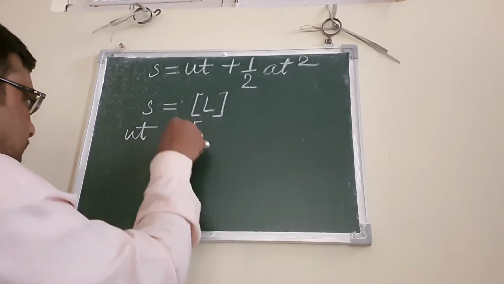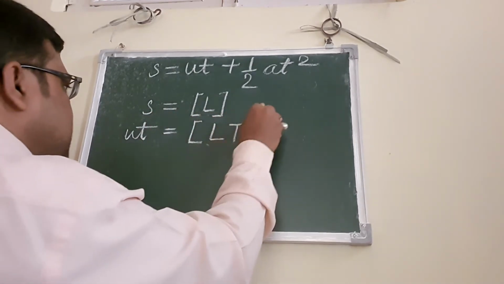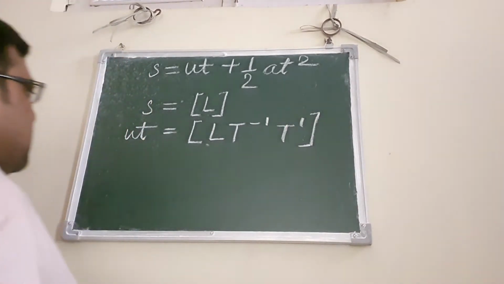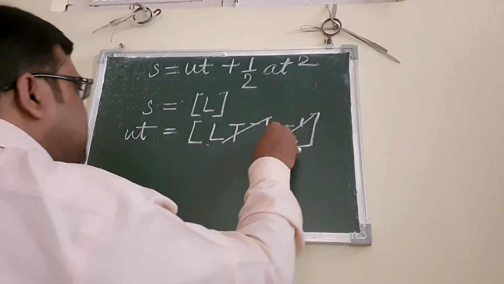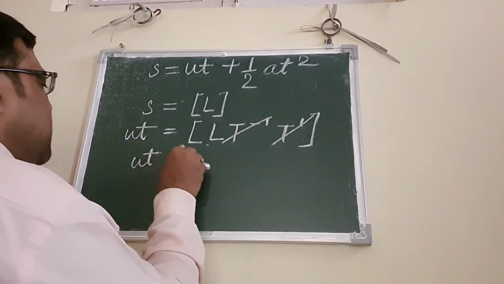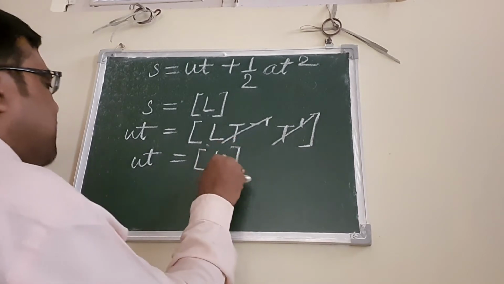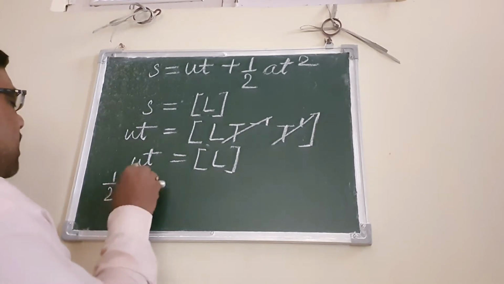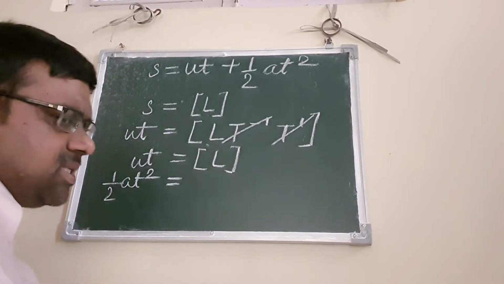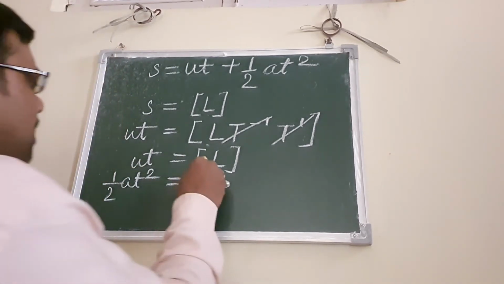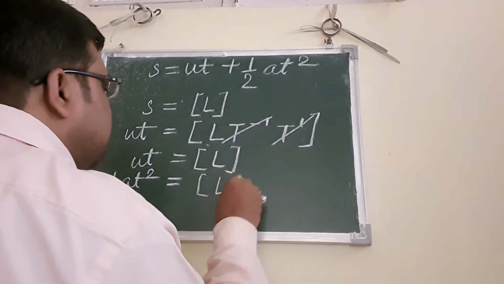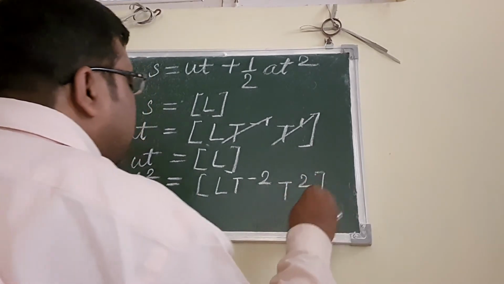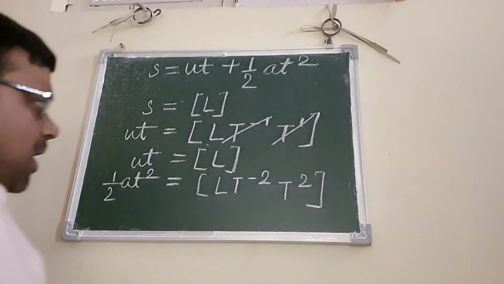Ut is velocity, so it is L T raised to power minus 1 into time, that is T raised to power 1. So simplifying, plus T and minus T get cancelled, so ut is equal to L, so its dimension is also L. Now half at square: here half is a constant, so it has no dimension, and a is the acceleration, so it is L T raised to power minus 2, and T square is the square of the time.